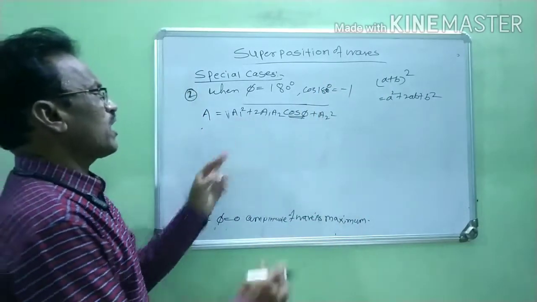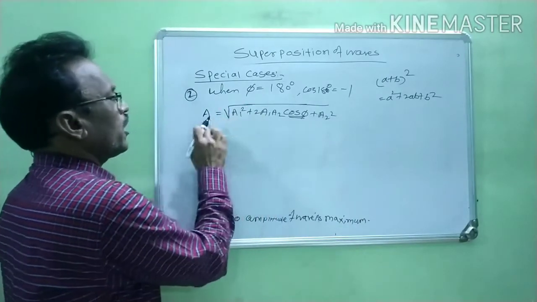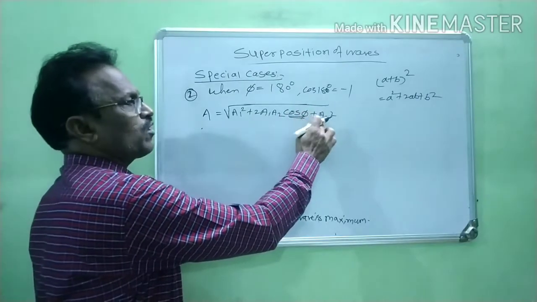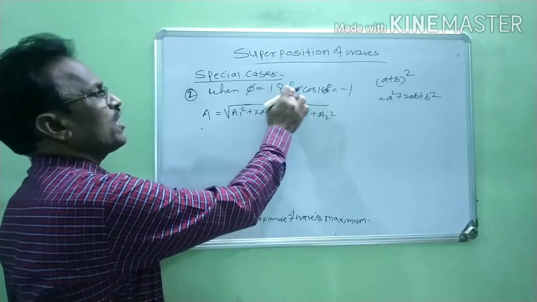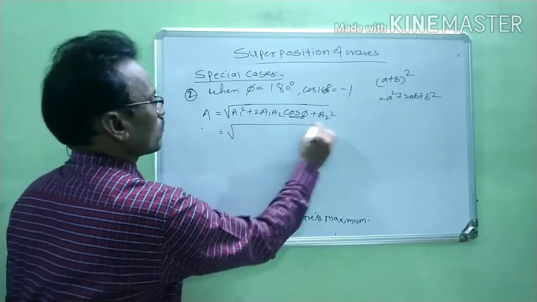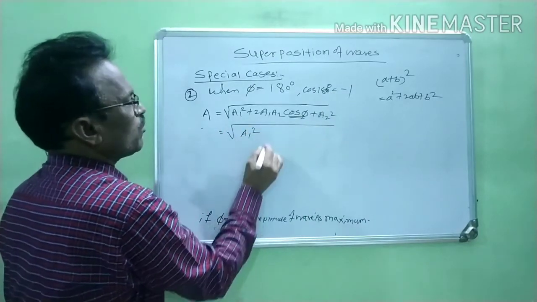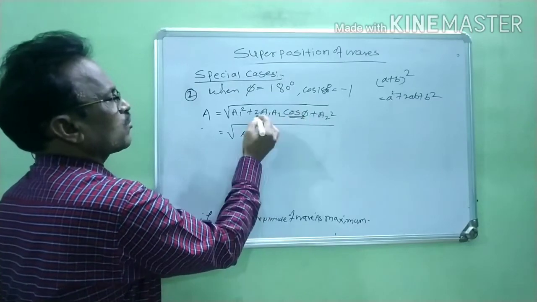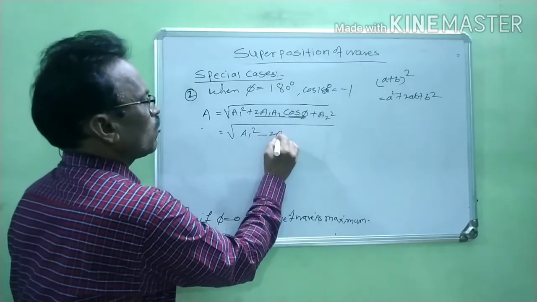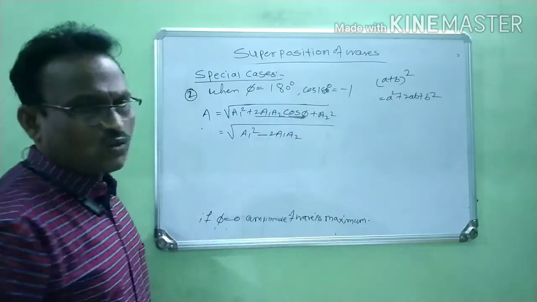Therefore we write A equal to under root A1 square plus 2 times A1 A2 cos of phi plus A2 square. The value of phi is 180 and cos 180 is minus 1. Therefore it is written as A1 square, minus 2 times A1 A2, plus A2 square. This total factor becomes negative.